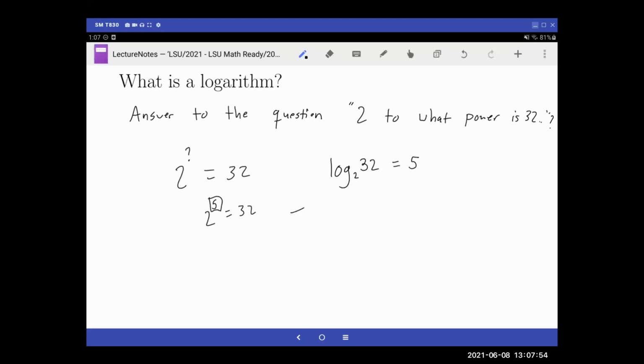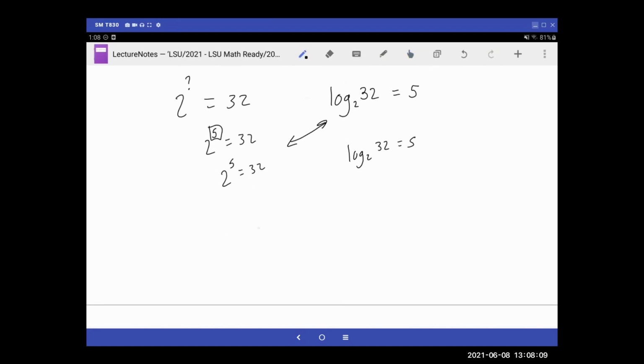So you actually can see the connection here. 2 to the 5th power equals 32. Log base 2 of 32 equals 5. All the numbers are the same. Another way to think about that, it's an exponent. So 2 to the whatever this happens to be.